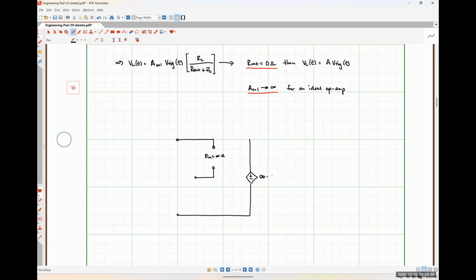Here's infinity times our differential voltage, where this voltage right here is our differential voltage. There's my short circuit for R out. So I'm just going to make a note here that R out is equal to 0 ohms.